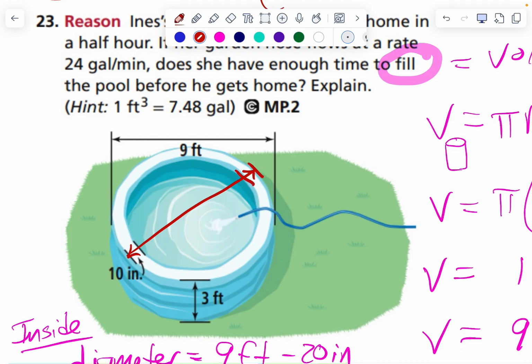And we have that 10 inches on both sides. So if you think about getting inside from both of the sides of the pool, we would go 10 inches in there and 10 inches in there. So there's your 20. I know, like I said, that's not really a realistic kind of measurement.